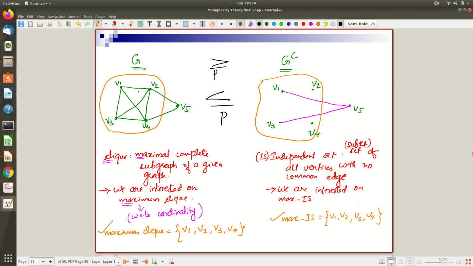If I get a deterministic polynomial, easy algorithm for max independent set, you can use that as a black box to find max clique. From one problem instance to another, the time I have to spend is just polynomial. Okay, this is a reduction, but how to do this reduction is the real task.